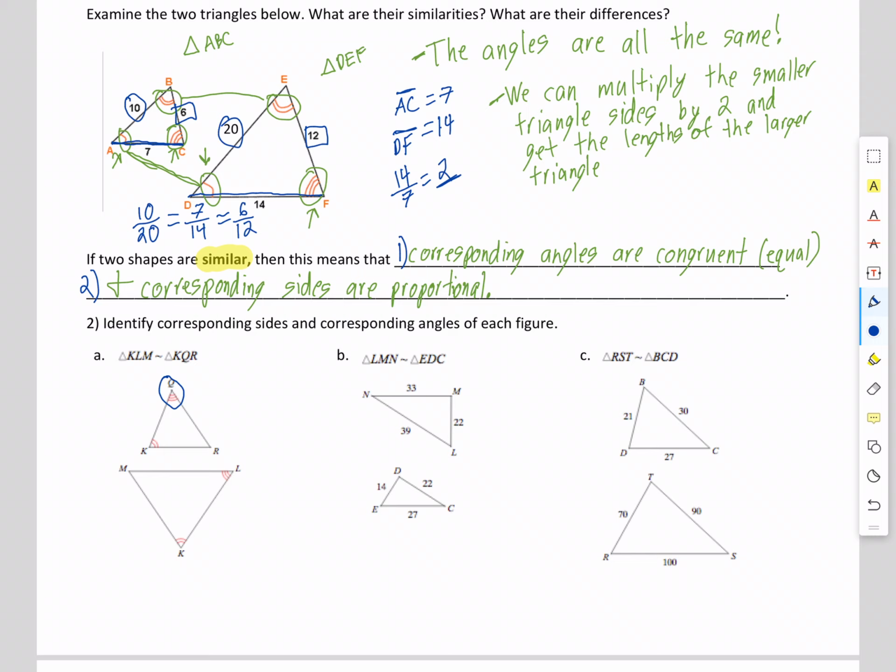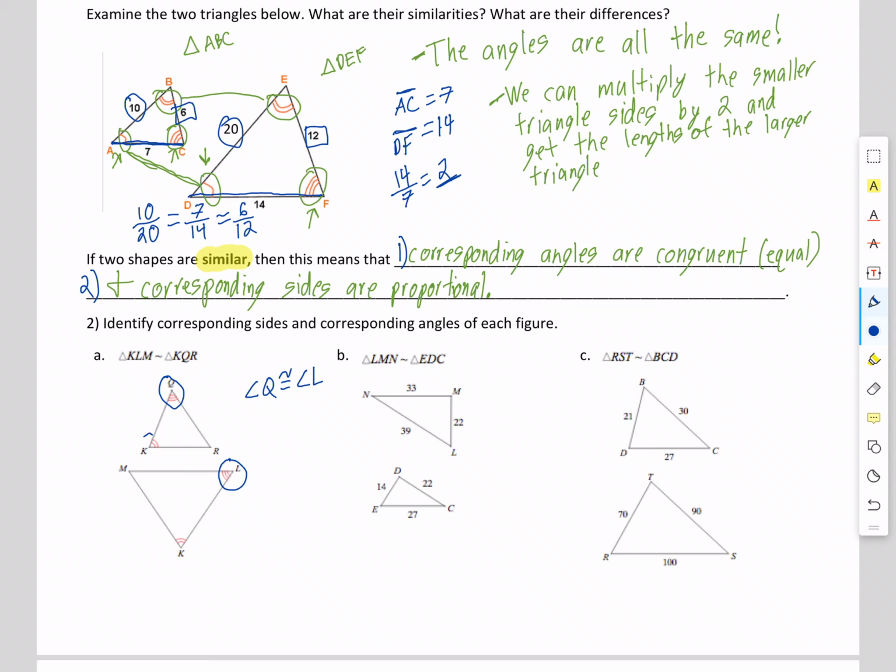So we would write angle Q, and we want to write it's congruent to, which one has the 3 lines on that other triangle? Would be angle L. So those two are the same.